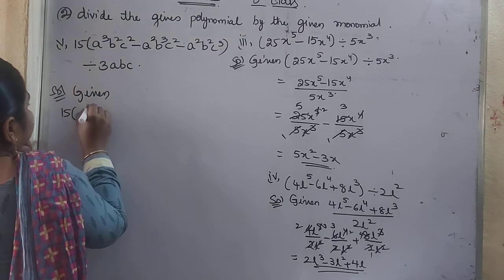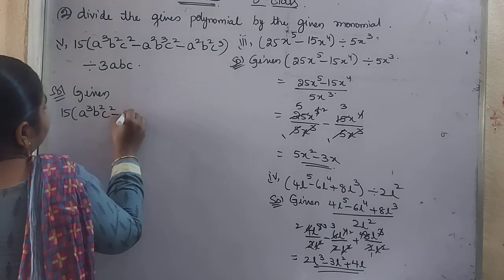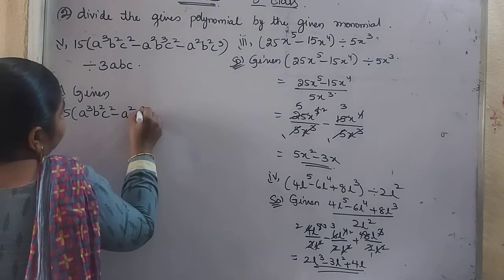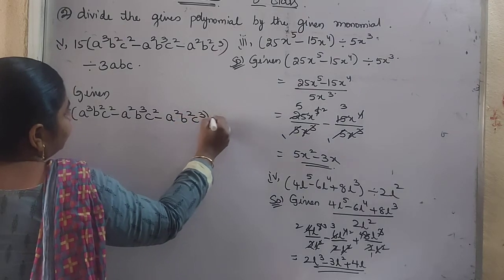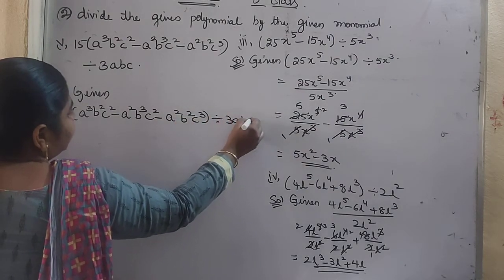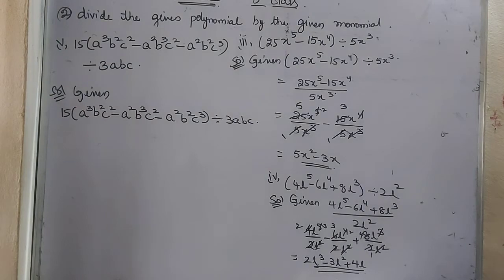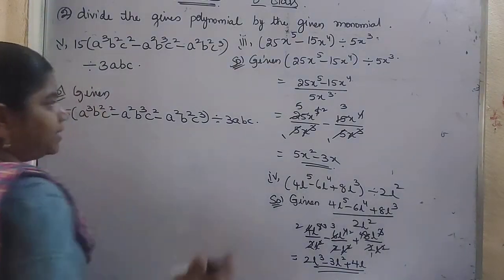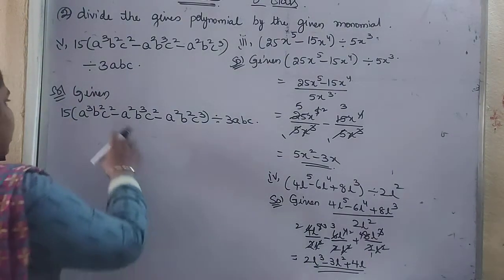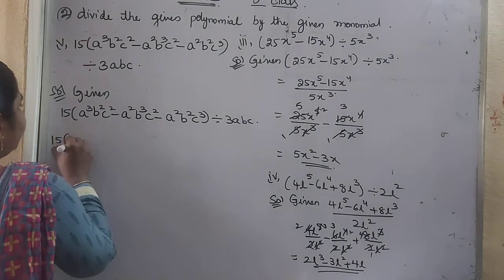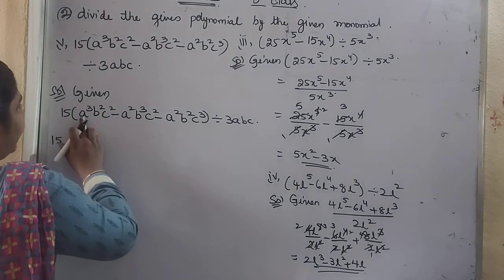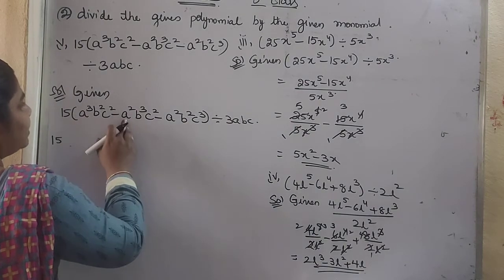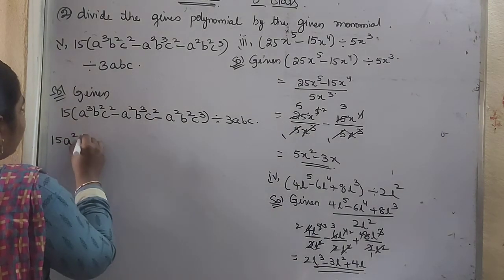So given 15a cube b square c square minus a square b cube c square minus a square b square c cube divided by 3abc. Now we have to take out the common terms. In all terms abc is common. In the first term a cube, a square, a square means a square is common.